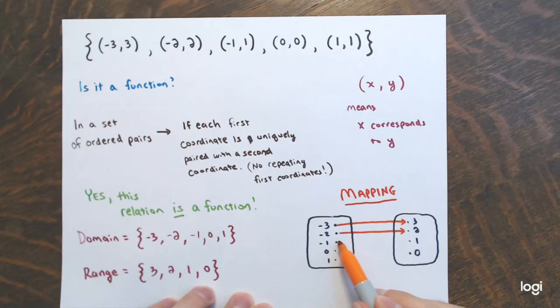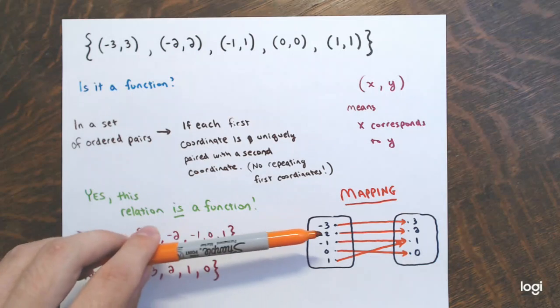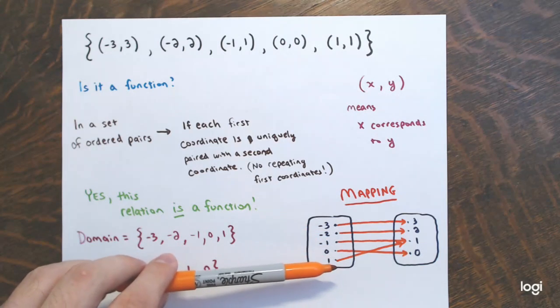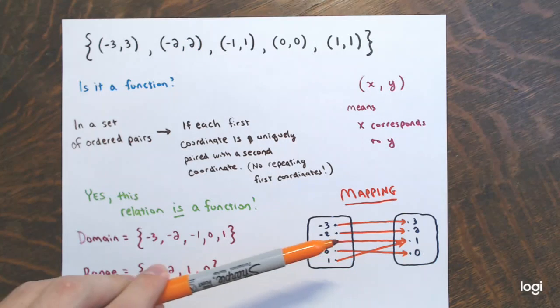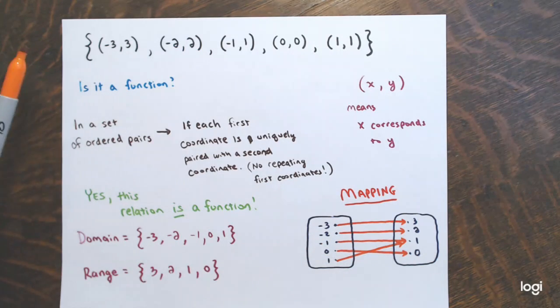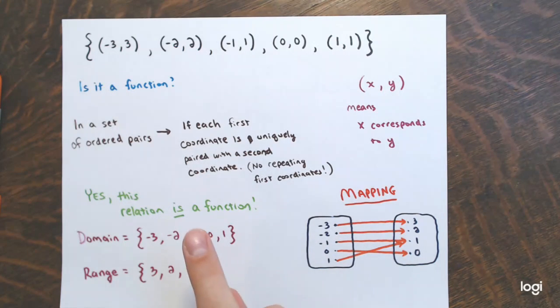Negative 1 corresponds to 1. 0 corresponds to 0. And 1 corresponds to 1 again. There's 1 over there again. But look at every element in this first set. Every element in the domain has exactly 1 arrow coming off of it. So like in the first 2 examples of this, that's what we can look for and say, hey, yep, this is indeed a function by definition.